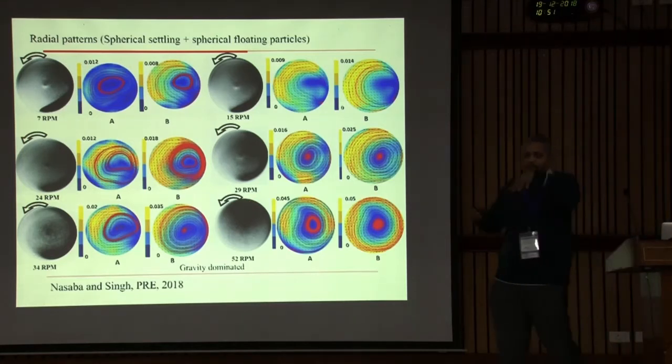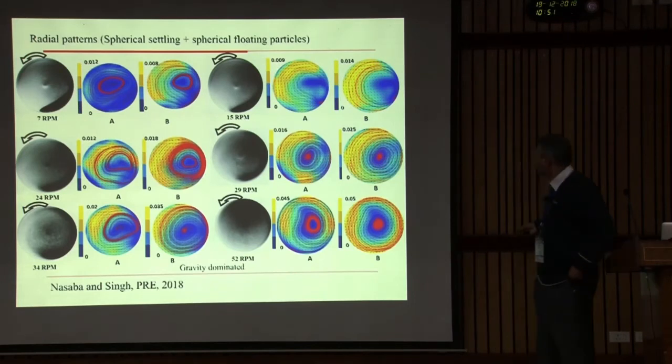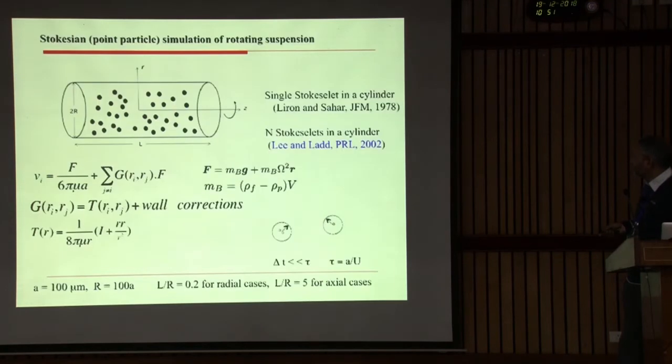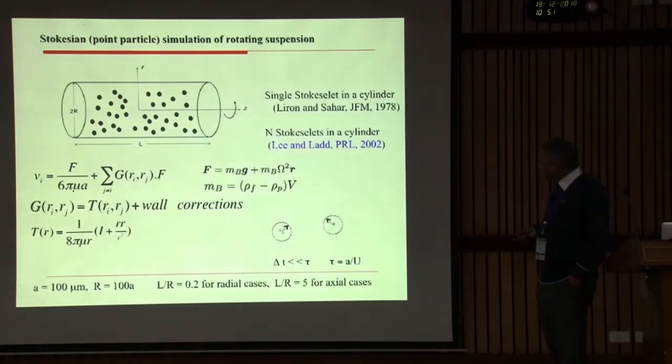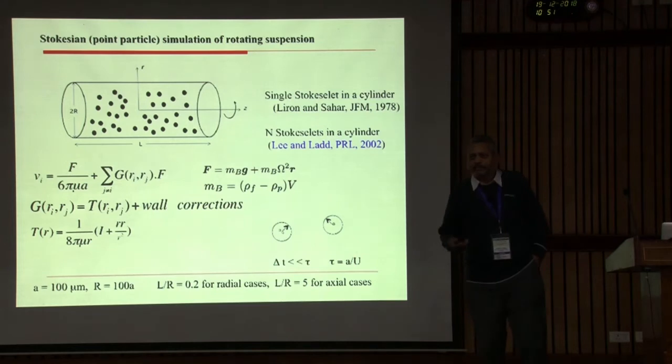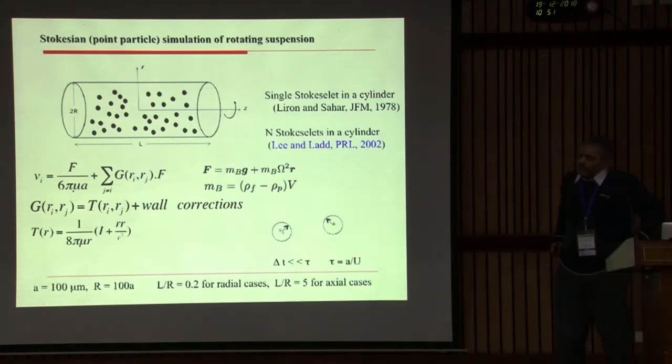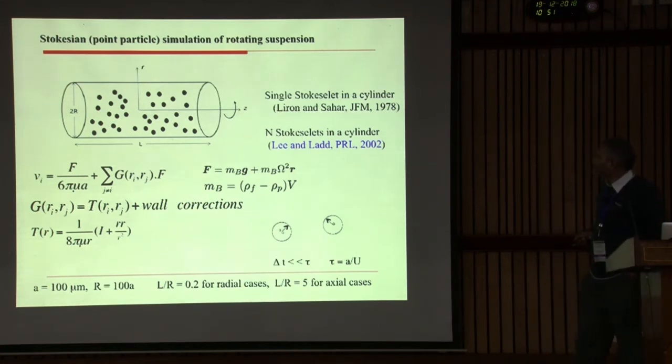This was manifested as fingers in your radial pattern. So at higher RPM, the settling particles go to the wall of the cylinder and the floating ones come to the center, as expected. So what we understood is that if we mix heavier particles in a suspension of lighter particles, it is going to aid in the suspension or homogenization of the floating particles.